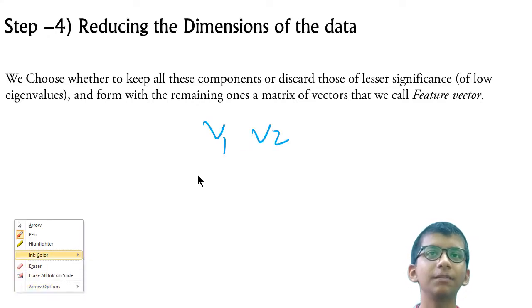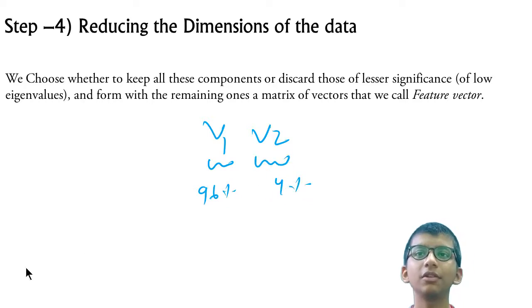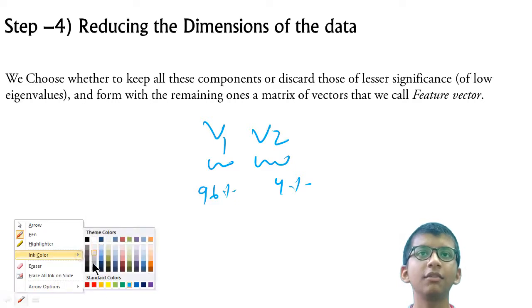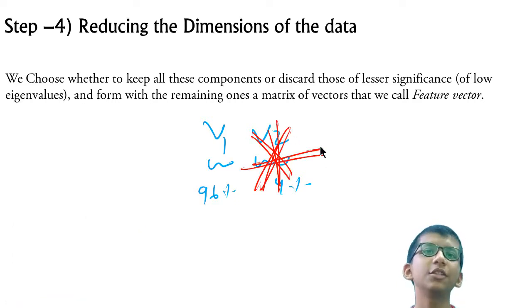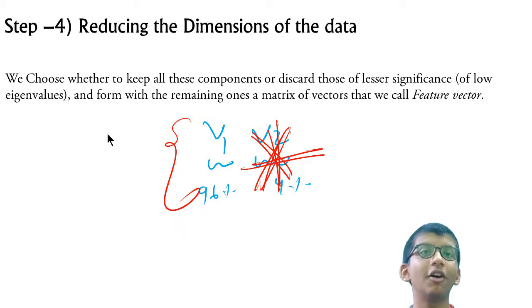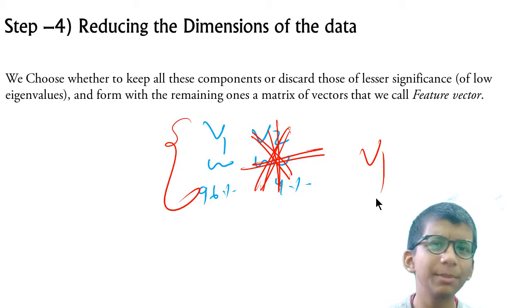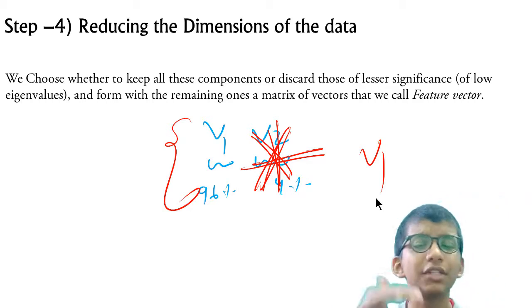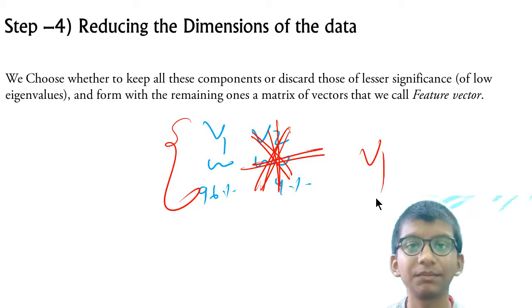V1 has 96% of the variance of the data, and V2 has 4%. So we will eliminate V2. It's completely optional, but we'll eliminate V2 and we are left with V1, as we have reduced the dimensionality. Now we have developed our principal component. It simply means that we have reduced the dimensionality of our model or data set.